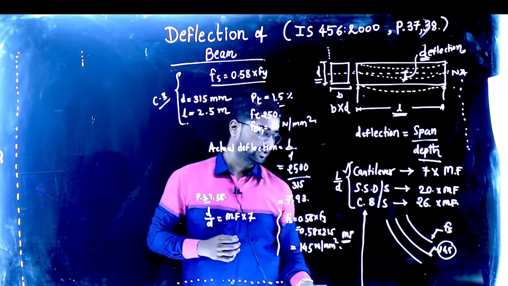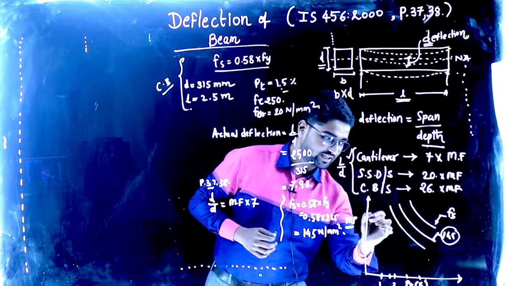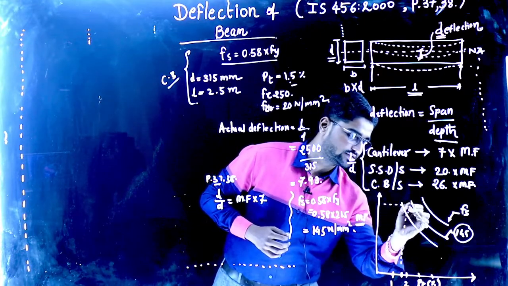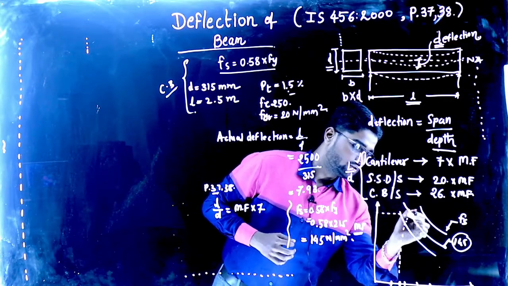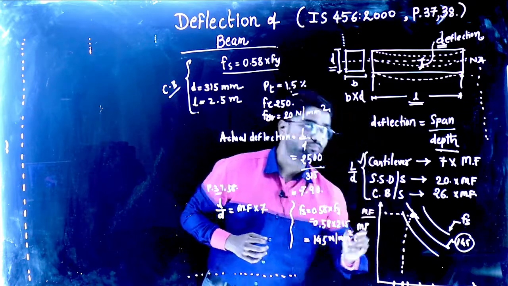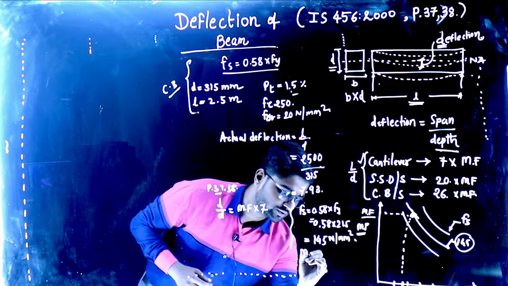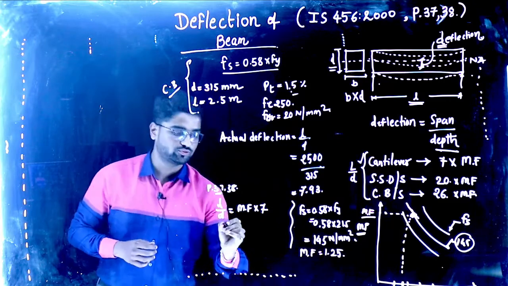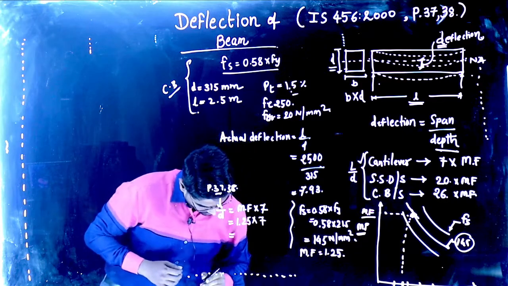Somewhere here, with respect to that we have to match this value, and we get like this for this curve and this curve, and where the merging point is here, according to that we get MF. From page number 38 the MF value is 1.25. So from the graph, if you match the values, you get modification factor 1.25. If you put this value 1.25 into 7, you get the value 8.75.